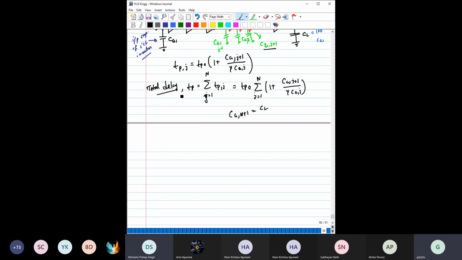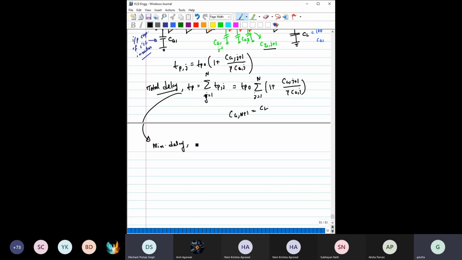So if you know the total delay, how do you find the minimum delay? You know the total delay. So again, we can use that technique of taking the derivative and making it equal to 0.